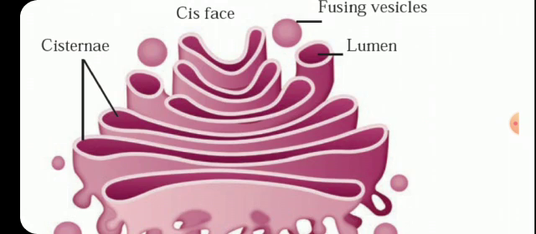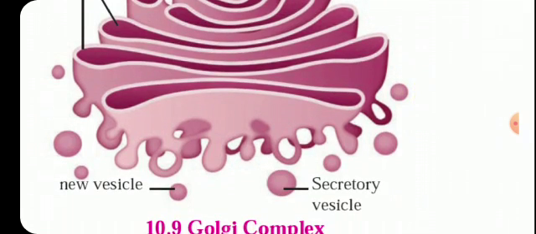membrane, and they empty their content into these flat sacs called cisternae, and they pass through the cisternae, and then with the help of their enzymes, these substances are chemically modified. Again they are packed in vesicles, and this vesicle will exit from the maturation phase.